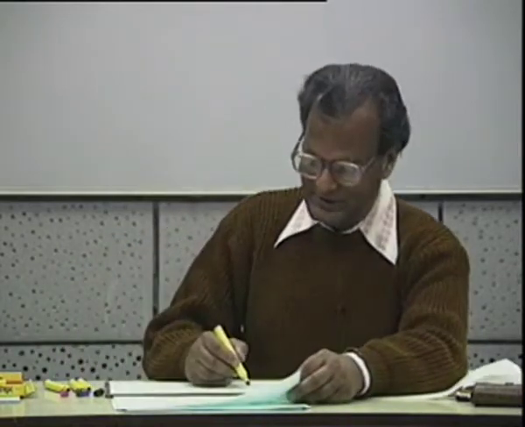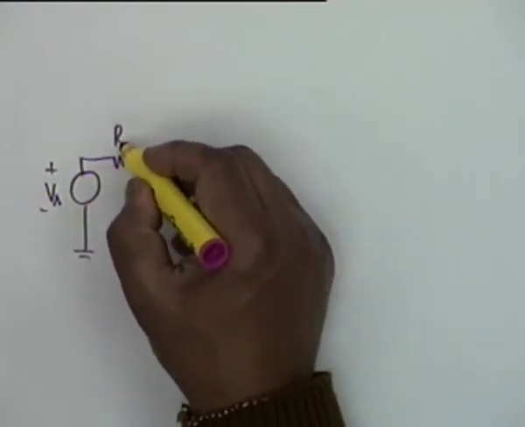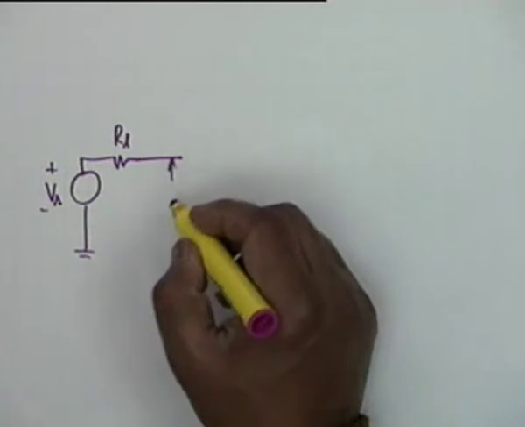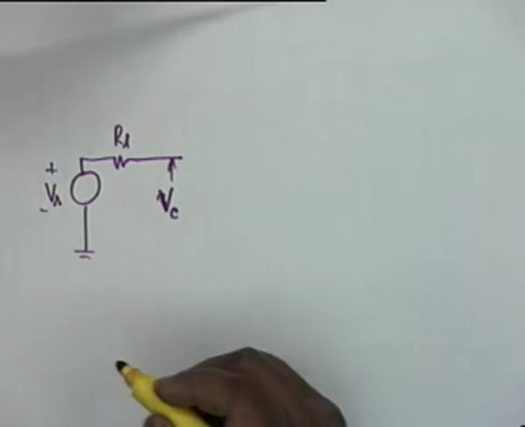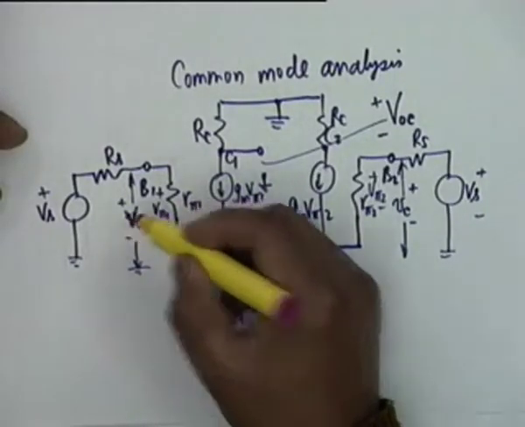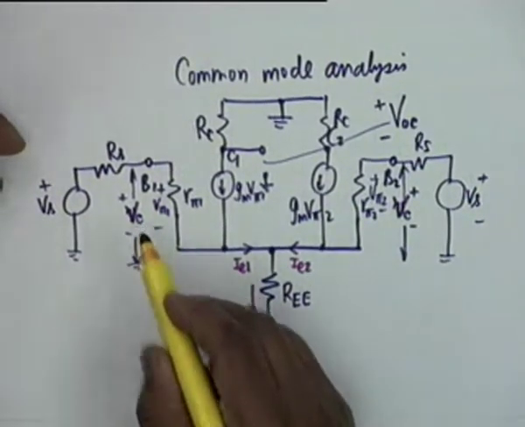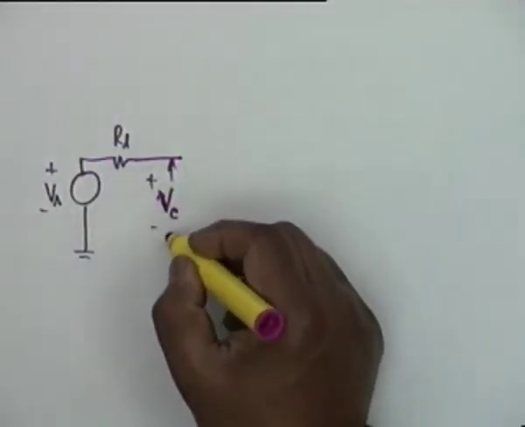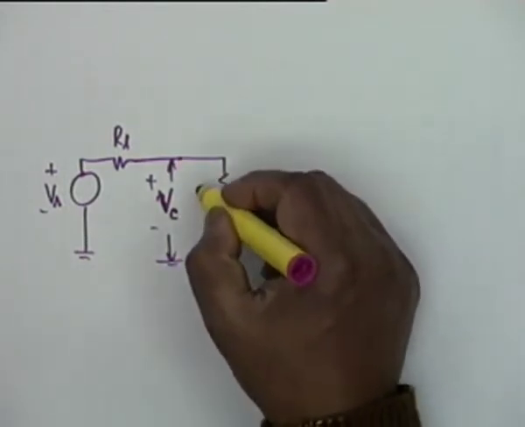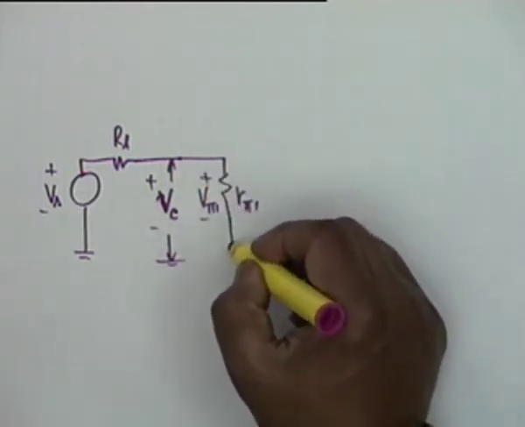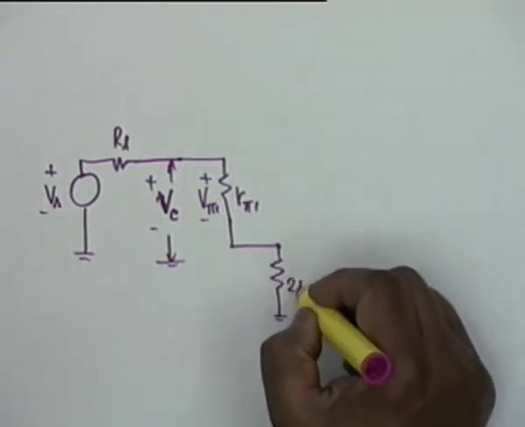If I draw the circuit once more, VS, RS, this is capital V subscript small c. I made a mistake here. This is capital V, the signal quantity, RMS quantity, with subscript small c, V sub c. Then we have an R pi 1, V pi 1, and instead of REE we have twice RE.